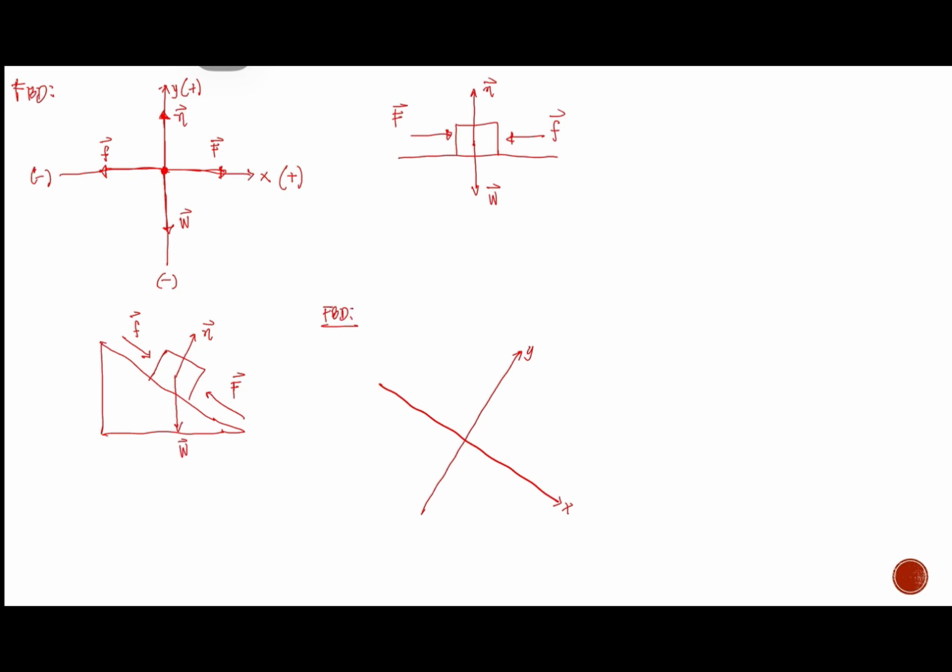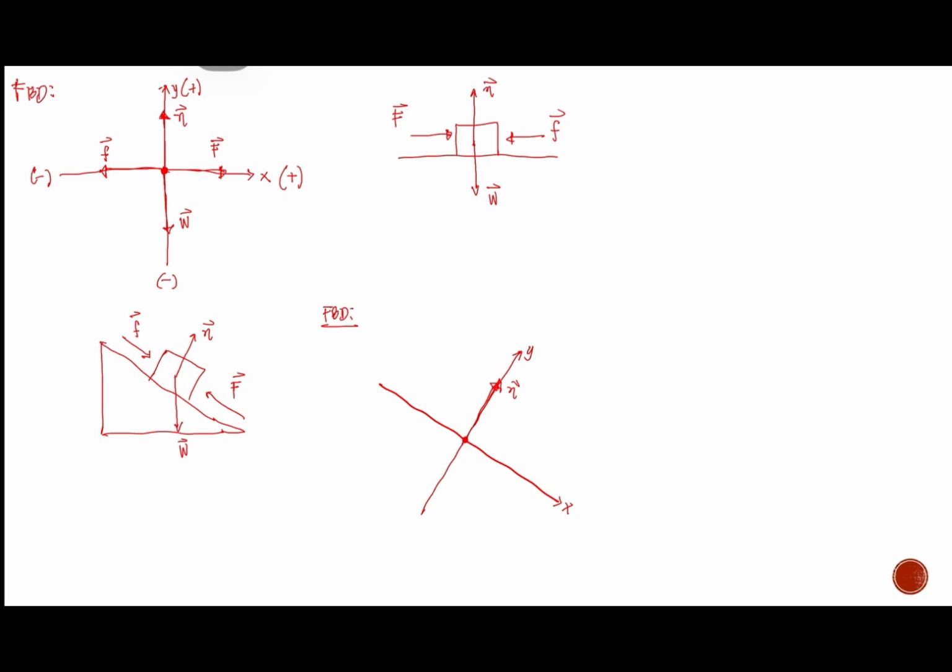Okay, now let's go back to our free body diagram so we can sketch that one. Let's have our normal force first. So again, we have our tiny dot here at the center, which we will assume as our object, and then we draw the forces by representing them with arrows. So we have our normal force here.